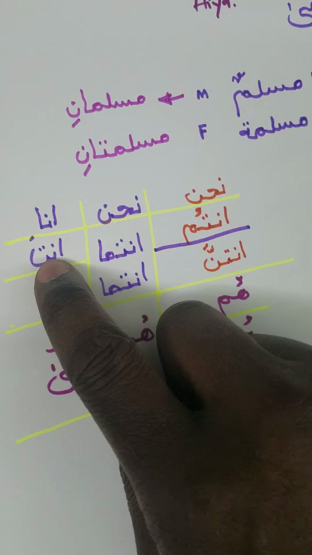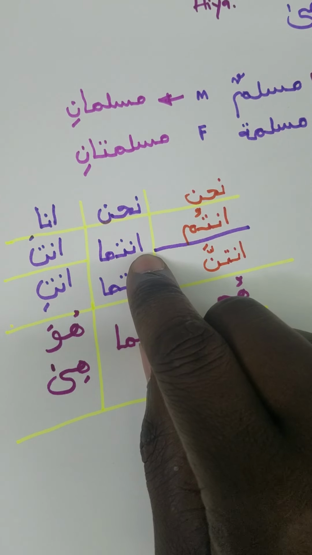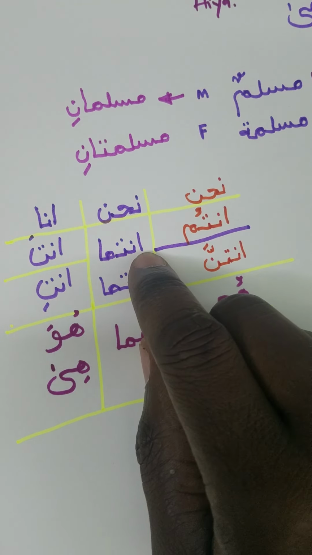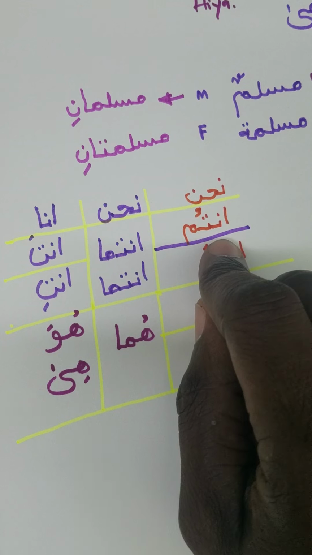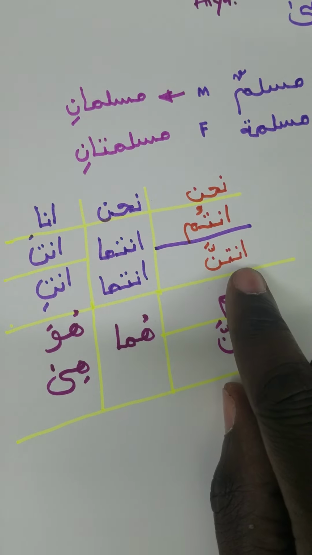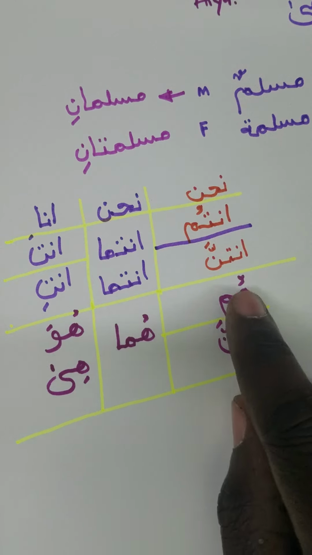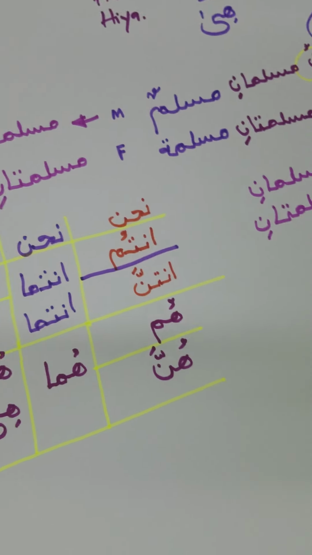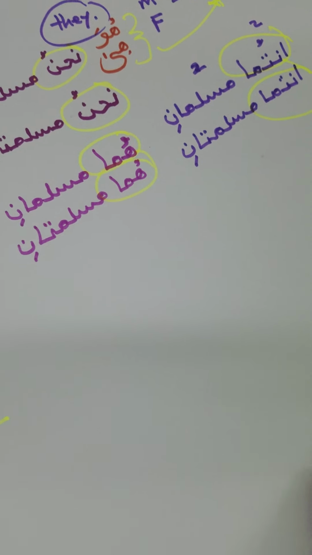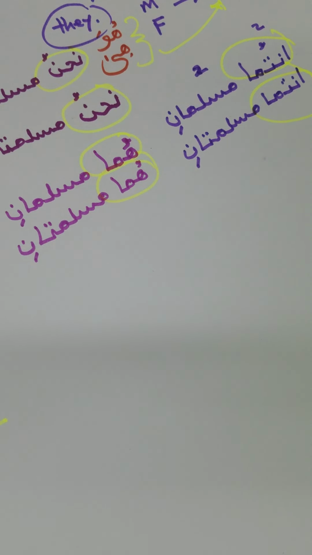You: anta, antuma, antum, antunna, hum, hunna. Now we shall move fast and get a few examples. But before we go any further, you can find time and refer to the Arabic chart.